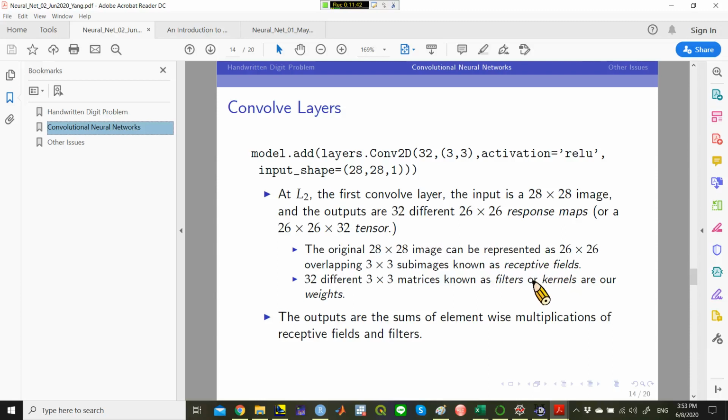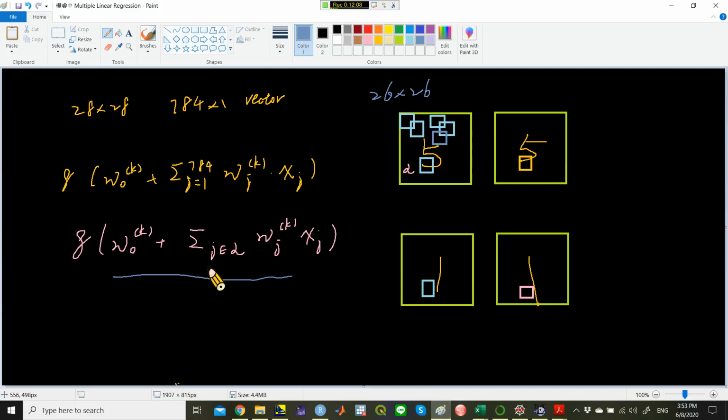Sub-fields are also known as the receptive fields, and those weights in the neurons are known as kernels or filters. They are just names. And the output is the sum of the element-wise multiplication of the receptive fields and filters, which means that the output is this: we take the summation of the weights times our inputs plus the bias.